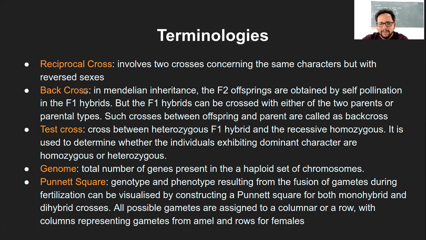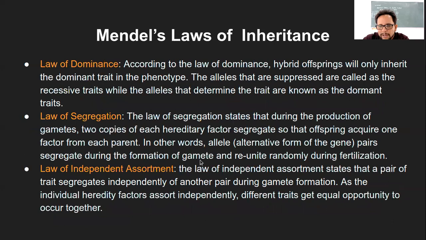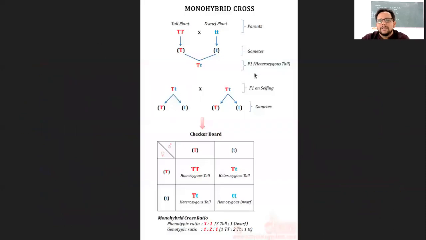Back cross is, for example, when F2 offspring are obtained by self-pollination of F1 hybrids, you get the F2 generation, but the F1 hybrids can also be crossed with either of the two parents. I will explain this in this slide.